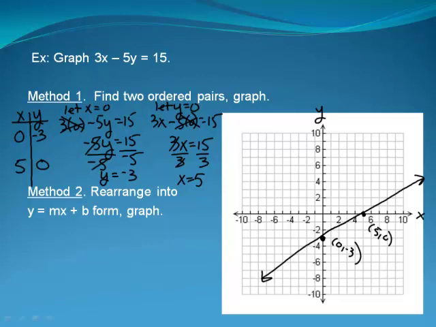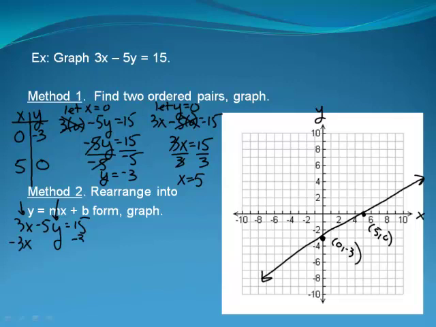All right, now we're going to take that same equation. We're going to rearrange it into slope-intercept form, and we're going to graph it using the y-intercept and counting slope. So we've got 3x minus 5y equals 15. I want to solve it for y. So I'm going to move the term that has nothing to do with the y. I'm going to move that 3x first.